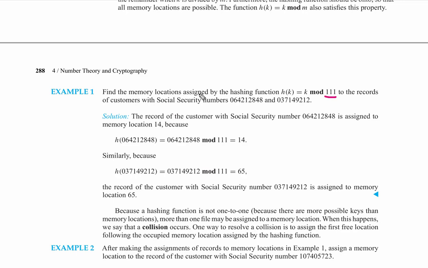So find the memory locations assigned to these two social security numbers. Okay, so we've changed the modulus from 100 to 111 here. So how do you work this out? We have a bigger number. It's the same idea though. You want to divide it by 111 and see what the remainder is.